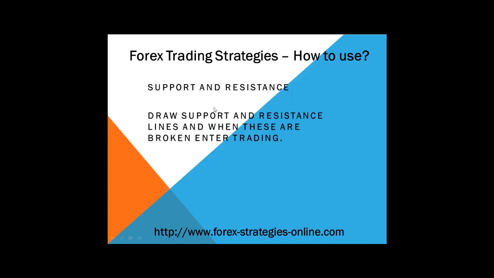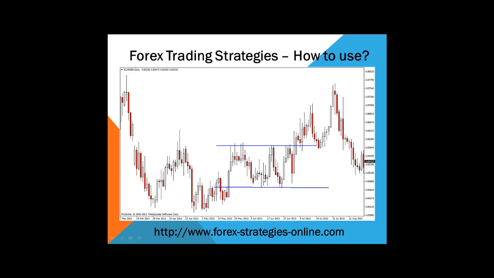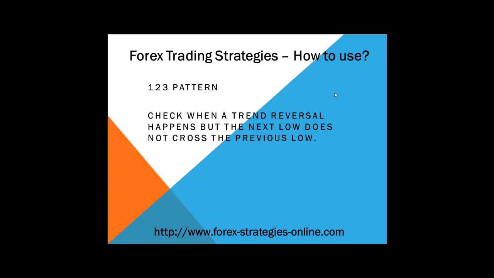Normally traders draw support and resistance lines, and when these are broken, they enter the trading in the same direction. This is an example of a support and resistance line. See, this is the resistance line and this is the support line here, and the resistance line is broken in the upward direction, and the price went for some time in the same direction.